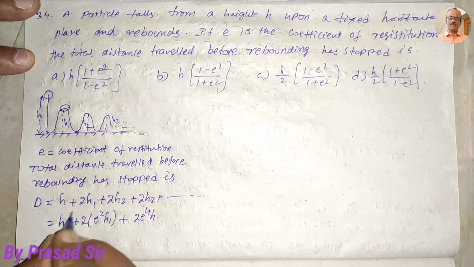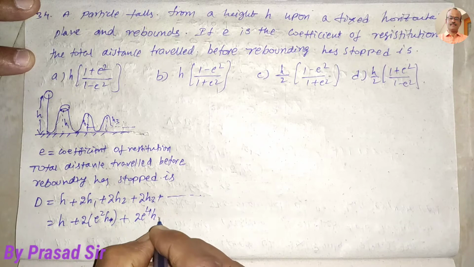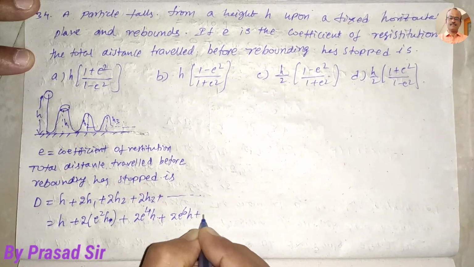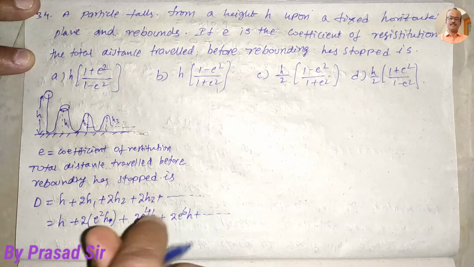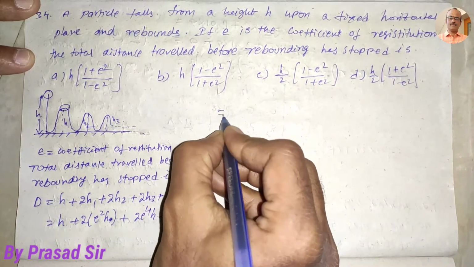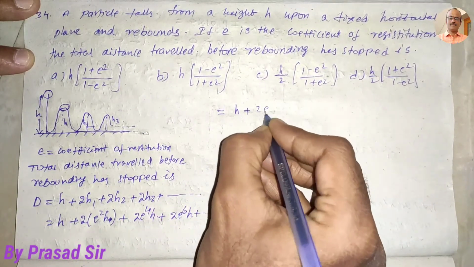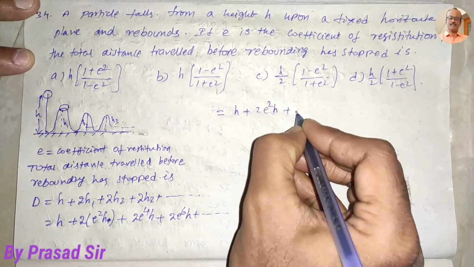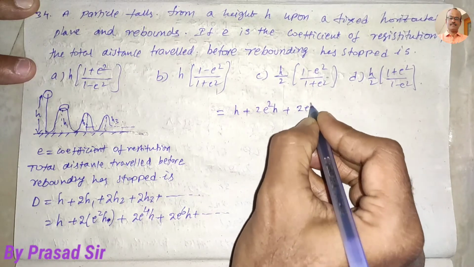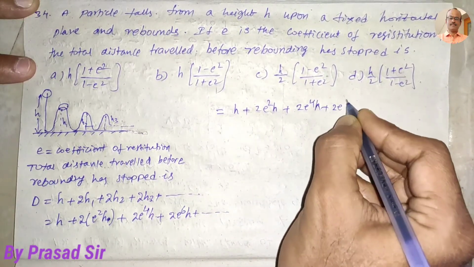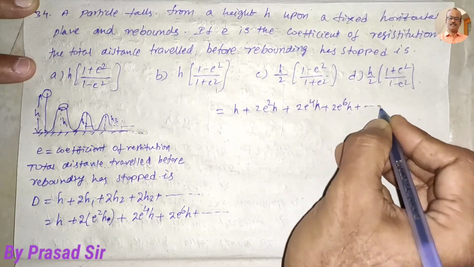So that means here h, and here also h, plus 2e to the power of 6 h plus dash dash dash, like this. Now I will take this is equal to h plus 2e square h plus 2e to the power of 4 h plus 2e to the power of 6 h plus dash dash dash, like that.